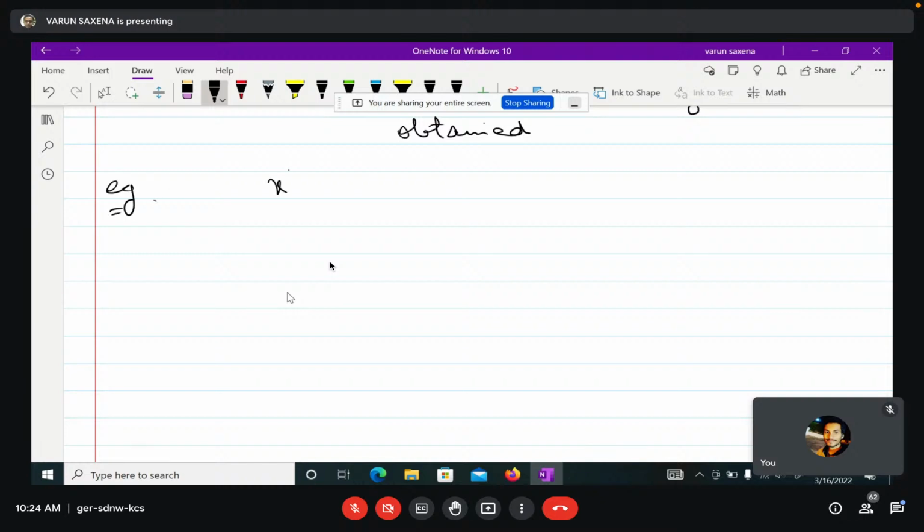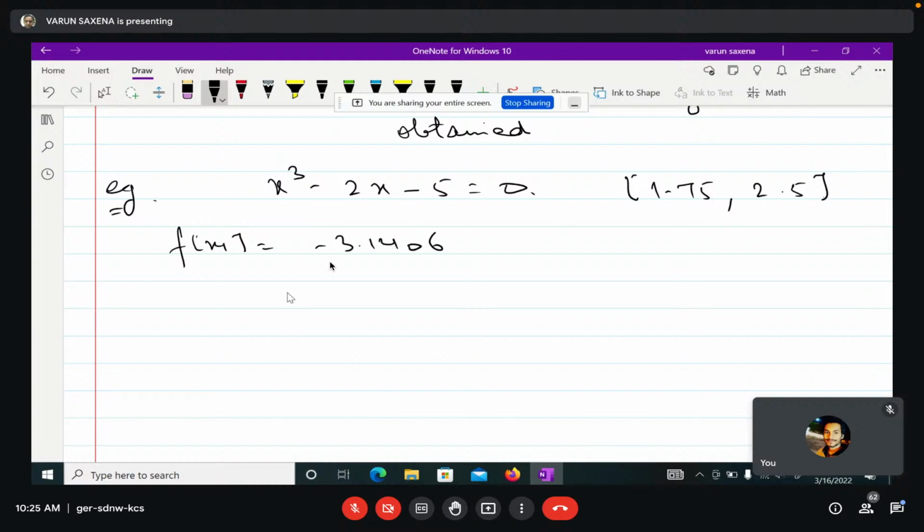So you have x cubed minus 2x minus 5 equals 0. And I say that one of the roots of this equation lies between 1.75 and 2.5. Find that. So fx1 you will evaluate, and that comes out to be minus 3.1406. I have this problem solved.